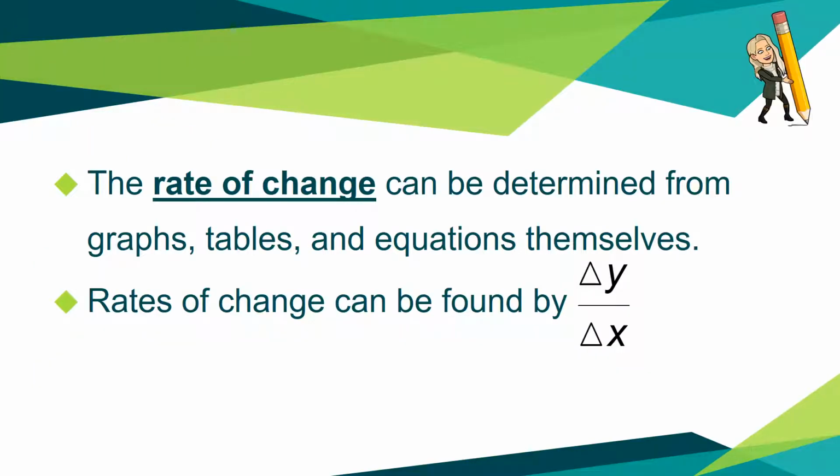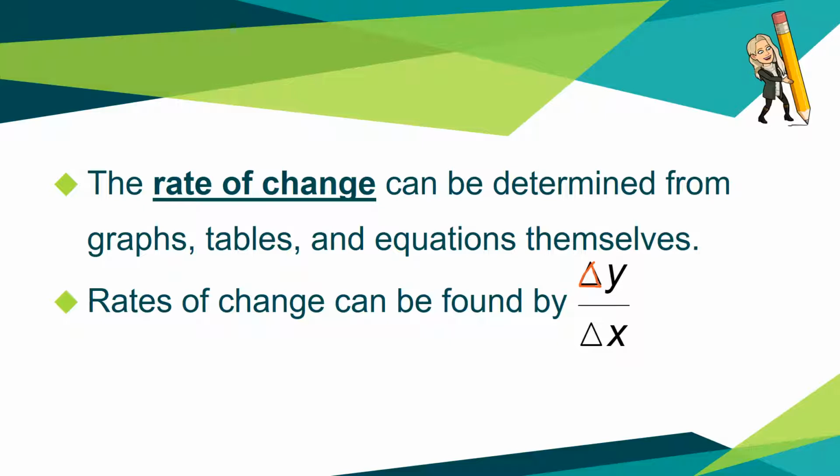But let's get a definition of rate of change in our notes. The rate of change can be determined from graphs, tables, and equations themselves. The way we find rate of change is by this equation over here, this triangle y over triangle x.